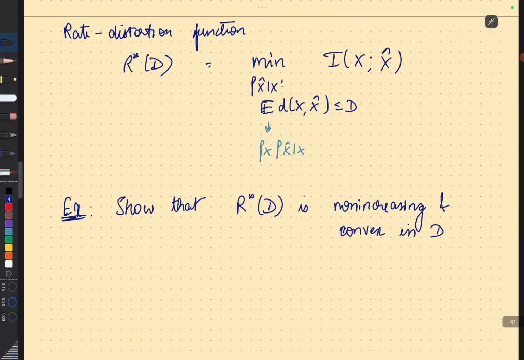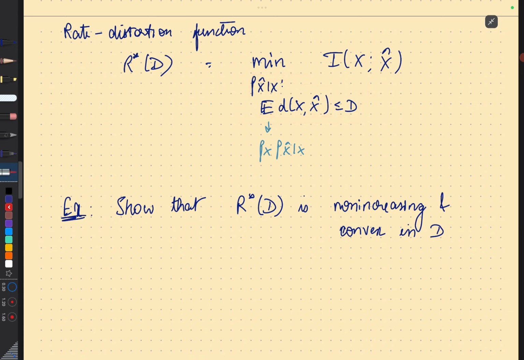So this R star of D is a function of capital D, and the claim is that R star of D is a non-increasing function of D, and it's also a convex function of D. The fact that it is non-increasing is slightly easier to see, because R star of D depends on capital D through this expectation constraint.